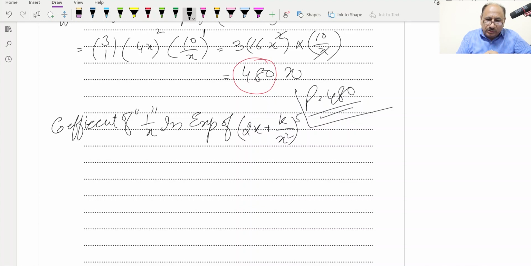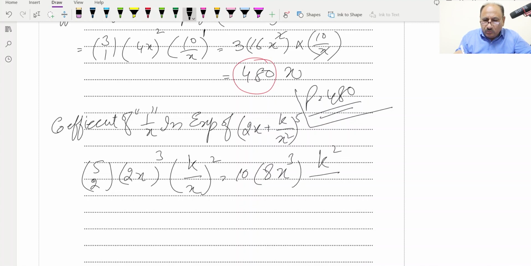We need a 1 over x, so we take the third term, which results in 1 over x: 5C2, (2x)^3, and (k/x^2)^2. Simplifying, 5C2 is 10, 2 cubed is 8x^3, and k squared over x^4.